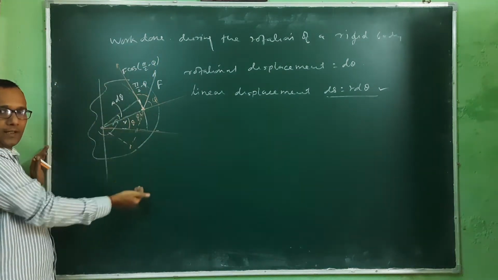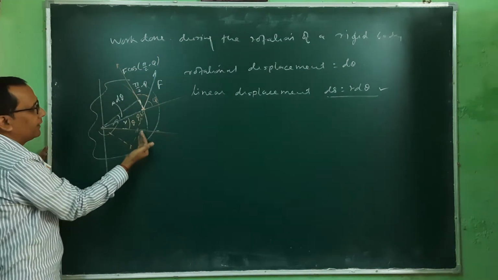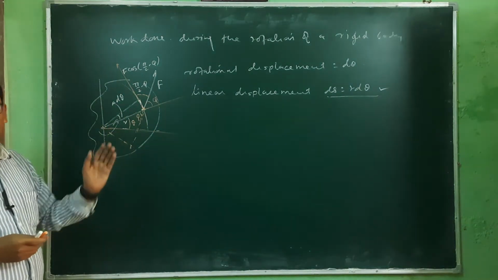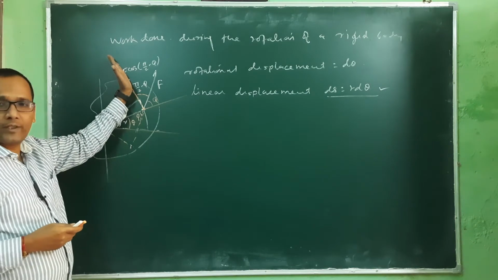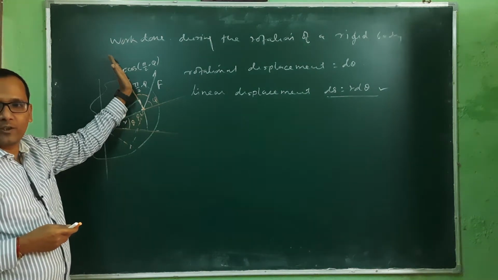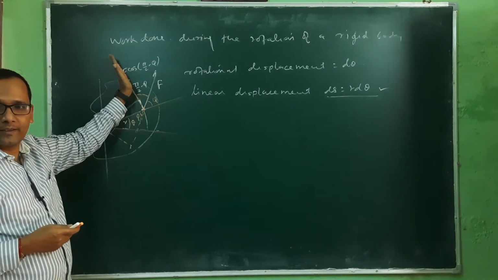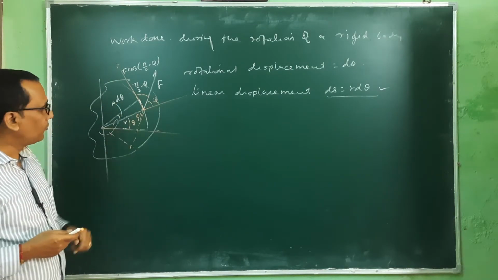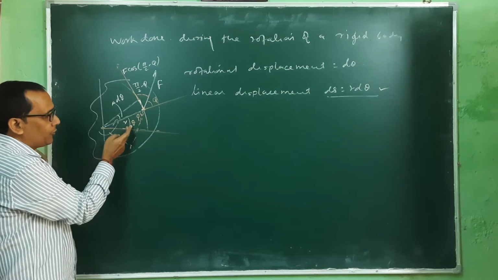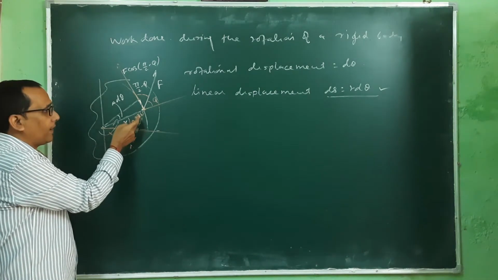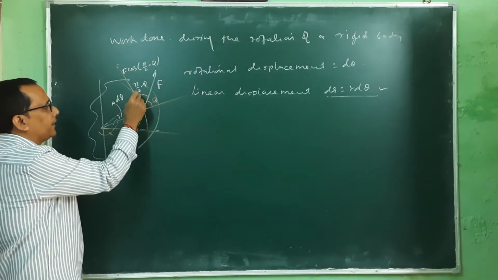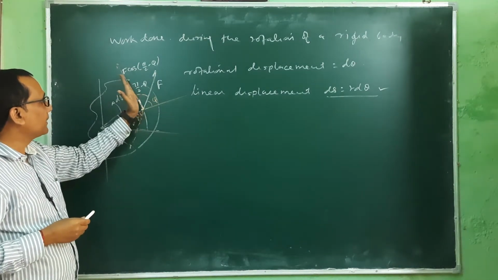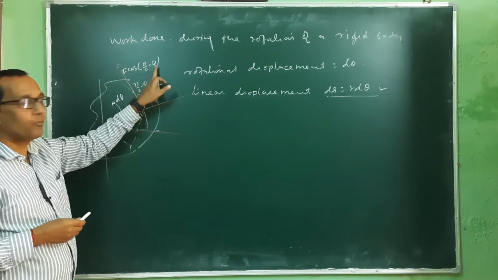Torque is created due to this force, and we have to take the force along that linear displacement, so we are taking its component along this tangential direction. For this we create some angular notation here: this is the initial position theta, we take this as phi, and this is pi by 2 minus phi. So the component of f along this will be f cos (pi by 2 minus phi).